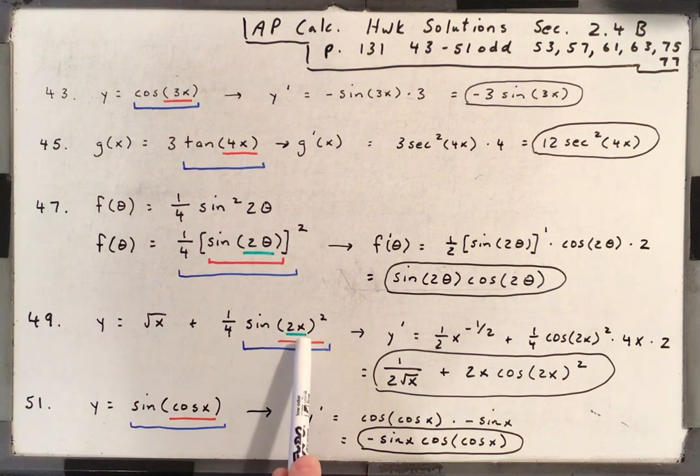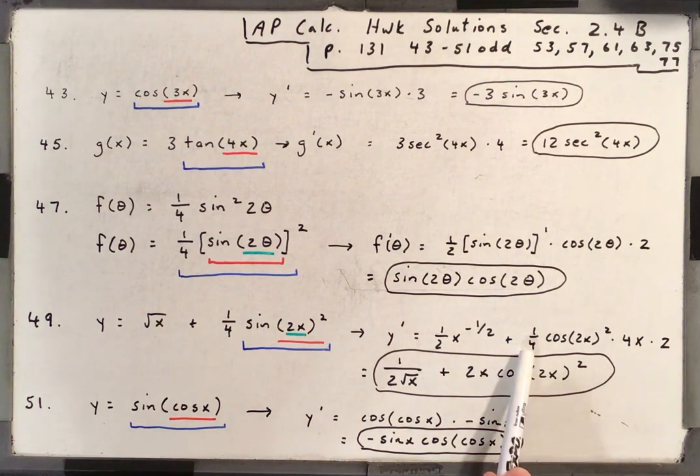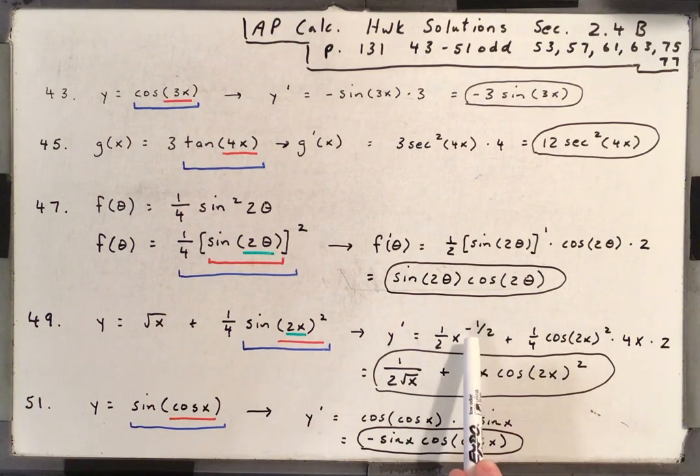And just inside the parentheses, that 2x, the derivative would be 2. So I've got 2 times 4x times 1/4. That leaves 2x, because the 4 and the 1/4 cancel. Cosine 2x squared. And I went ahead and made that x to the negative 1/2 into, brought it downstairs and made it 1/2 root x.